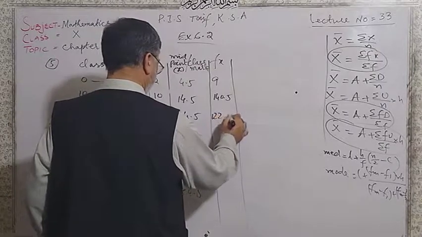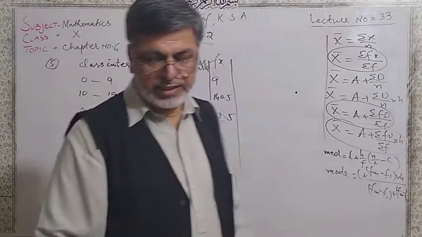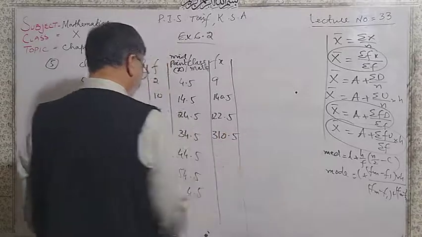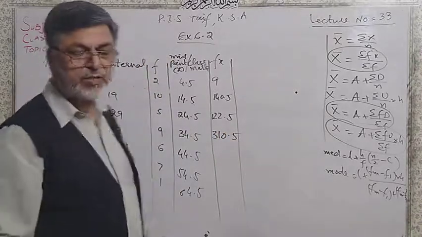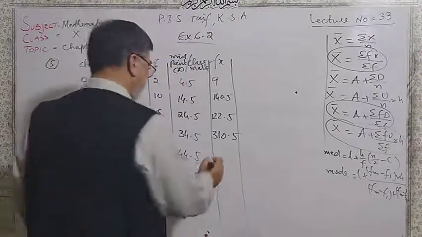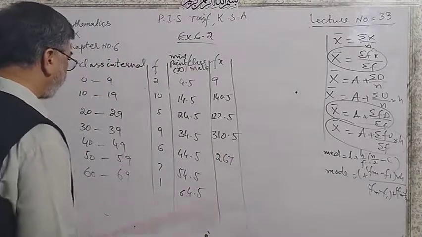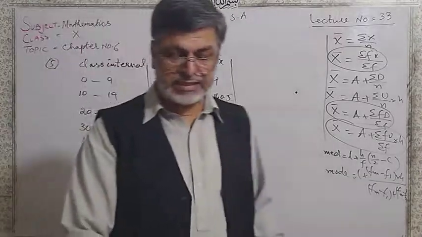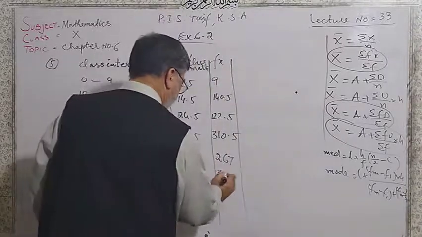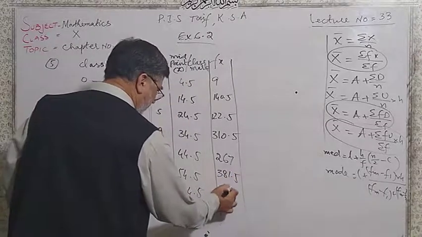122.5. Then 34.5 into 9, 310.5. Then 44.5 into 6 is 267. Dear students, after that, 54.5 multiplied by 7 is 381.5. And then 64.5 multiplied by 1 is 64.5.